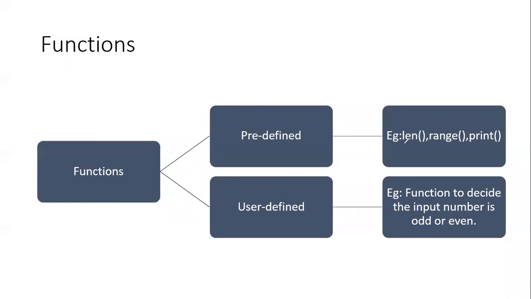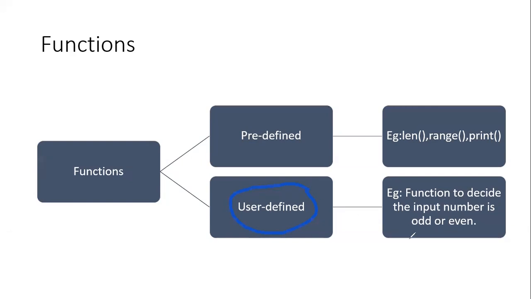If you can remember, the functions len, range, and print are already defined functions. Those are what we call language-defined functions, so predefined functions. But what we are going to do in this part is define our own functions, the user-defined functions, which can be used wherever you want.